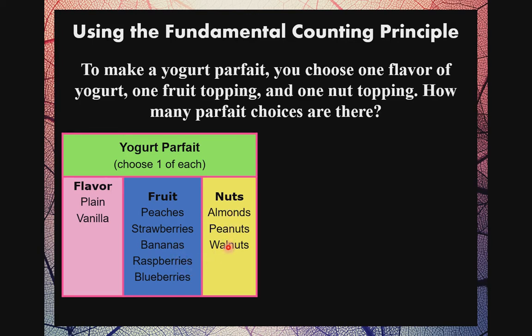So how many possible combinations of our yogurt parfait do you think there are? There will be 2 times 5 times 3, which is 30 parfait choices.